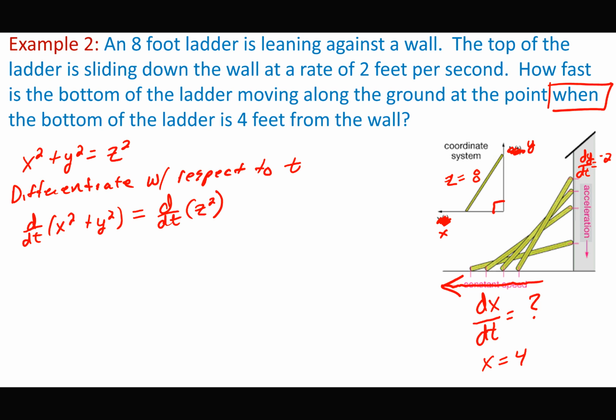So you don't want to do the derivative. You want to leave the derivative piece with variables. Okay, so the derivative of x squared plus y squared would be 2x dx dt plus 2y dy dt equals 2z dz dt.